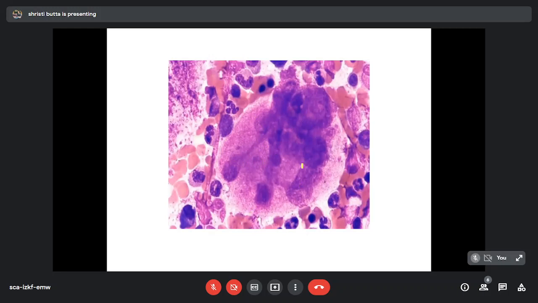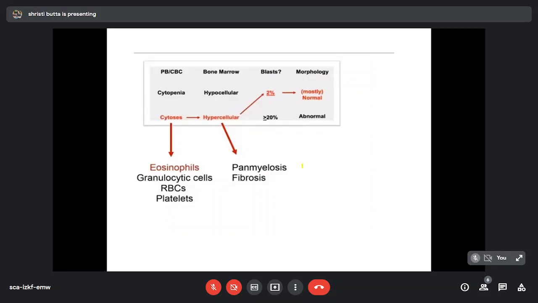Now coming to another case scenario, you have a patient presenting to you with cytosis which involves the eosinophils now. Granulocytes done, we are done with CML, we are done with RBCs, PV, and we are done with platelets, that is ET. Now moving on to CEL. Yes, this is a case where you have an increase in cytosis, that is eosinophils.